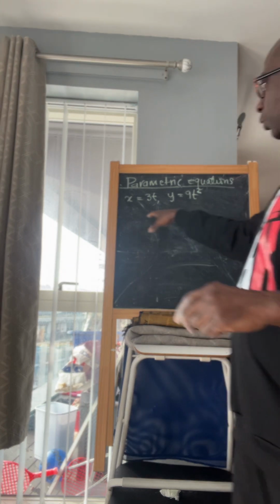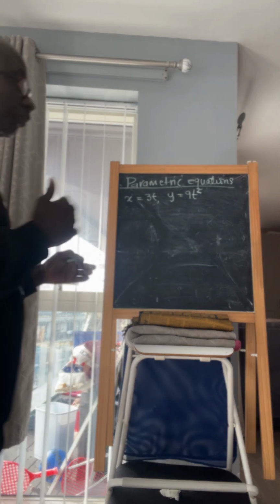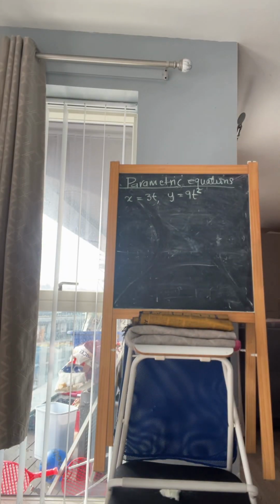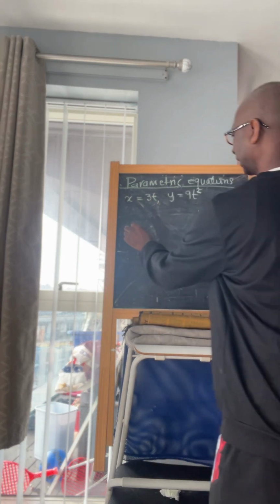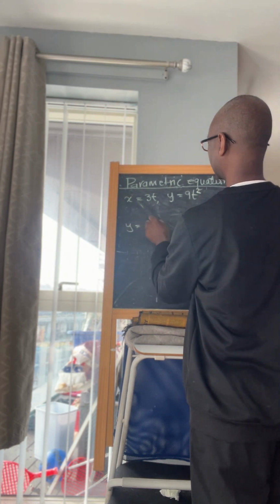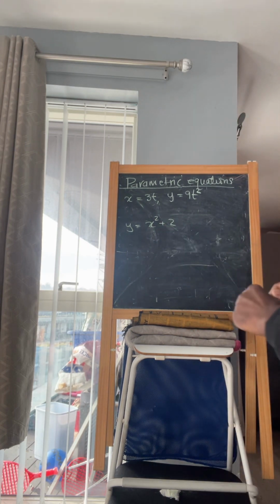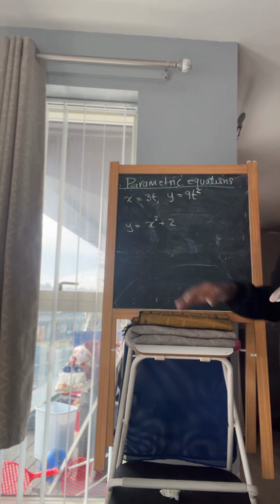So how many variables do we have here? We have x, t, y. So it's 3 variables. Actually, you can have two variables, like y equals x squared plus 2. For example, this is a quadratic equation, yeah?